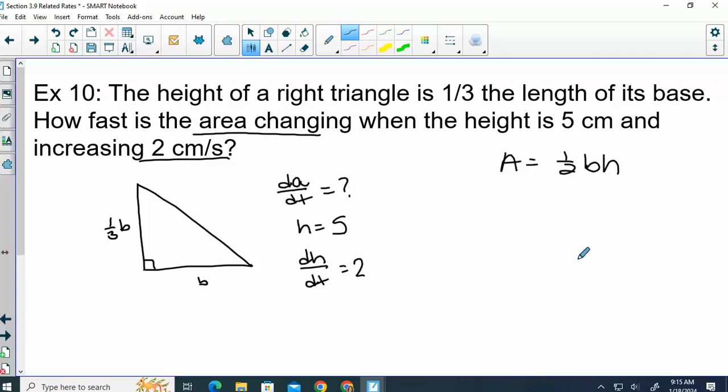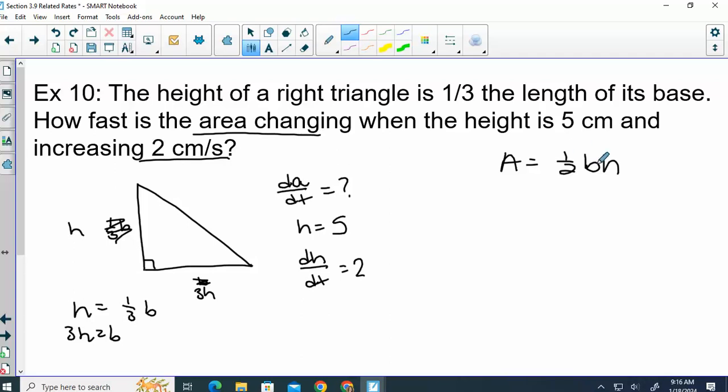If the height is 1/3 the base, then if you multiply by 3, your base is 3 times the height. I'm doing that because I didn't give db/dt, so the b has to go away. I want to keep the h. Does that make sense to everyone?